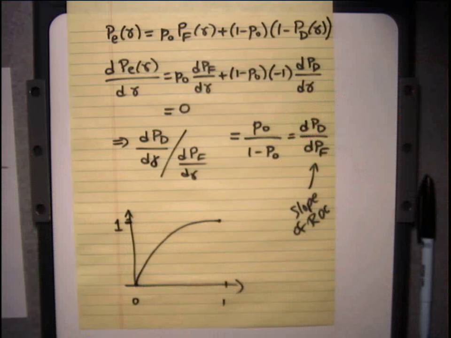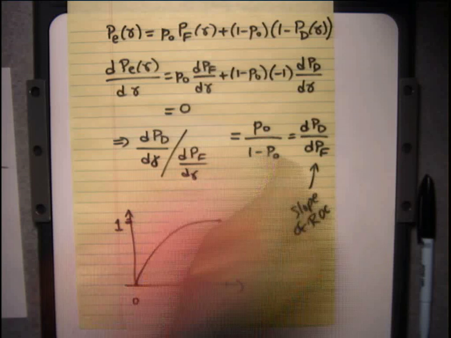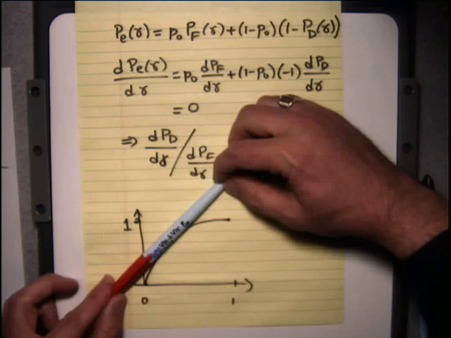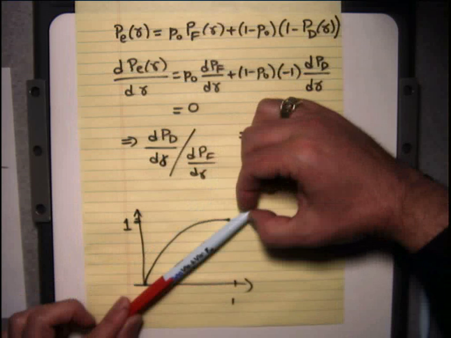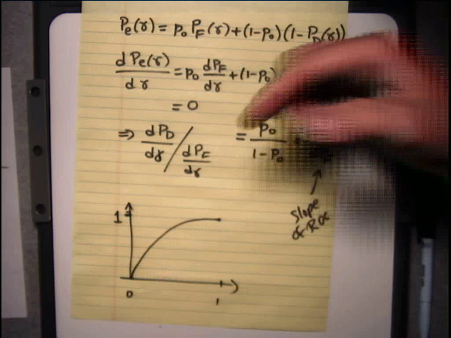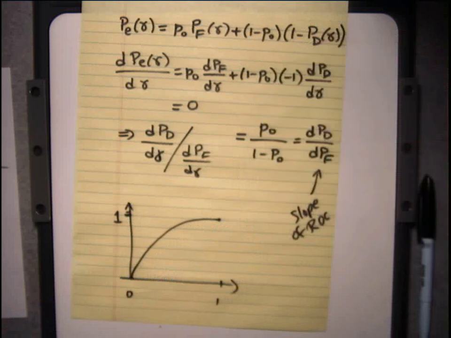Suppose probability of H0 and probability of H1 were both 1/2. So what would happen? You would have 1/2 divided by 1/2 here. The slope would be equal to 1. So what you would get is a line at 45-degree angle, which is parallel to the chance line. Remember I told you a couple lectures ago you would get that line, and now I've shown you how.